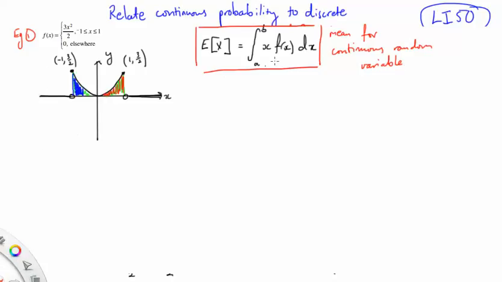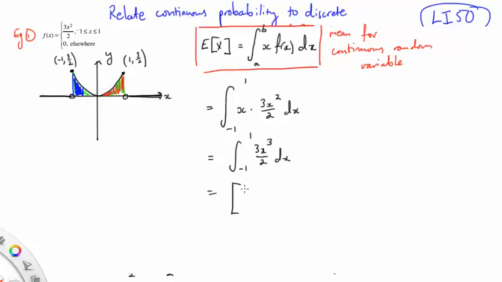Okay, so let's calculate the mean here. What's the mean outcome? Well, we integrate from -1 to 1 all the way across here, x times 3x squared on 2 dx. Then we've just got to do the integral. So that becomes the integral from -1 to 1, 3x cubed on 2 dx.